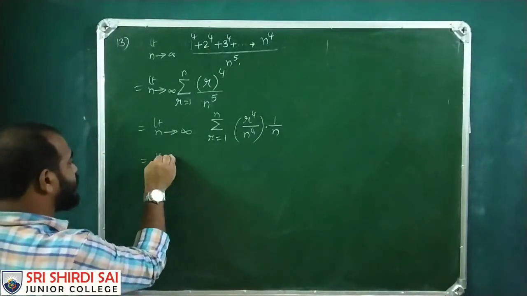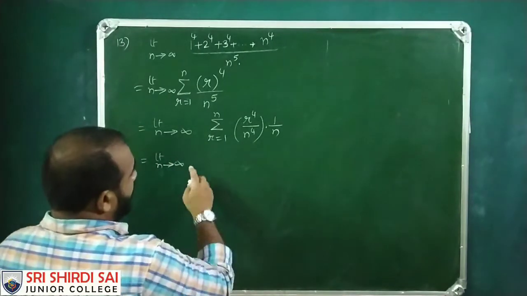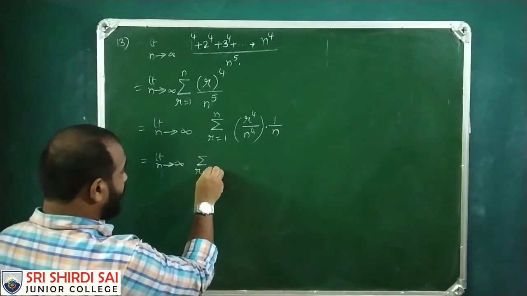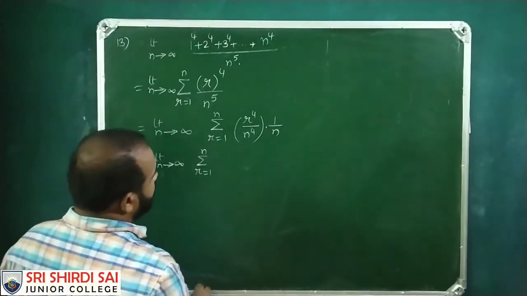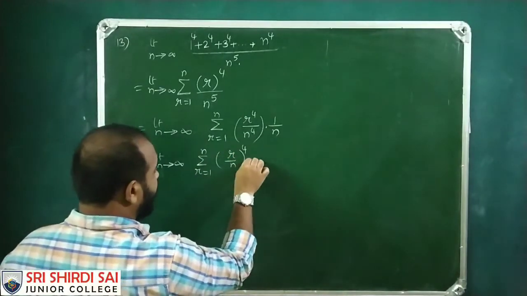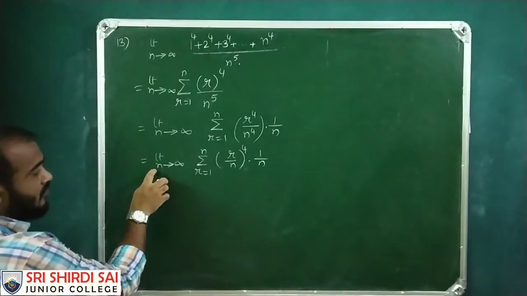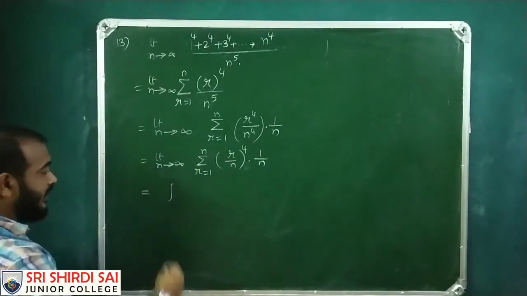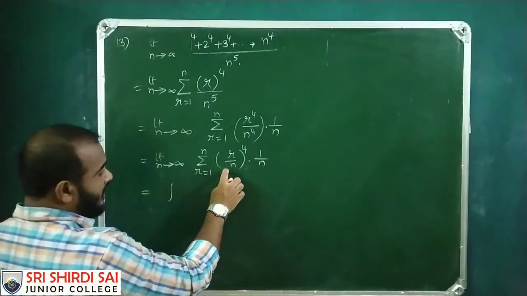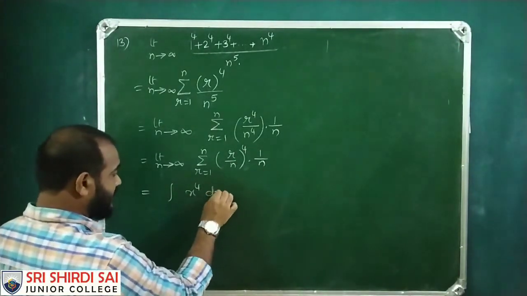So this is the limit of the sum of (r by n) whole power 4 into 1 by n. Now the sum becomes the integral symbol, and (r by n) whole power 4 is x power 4, with 1 by n as dx.